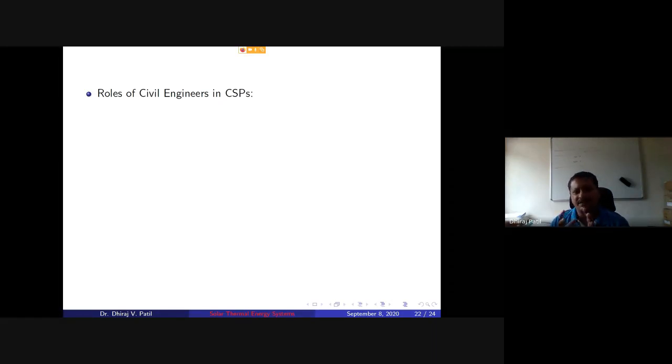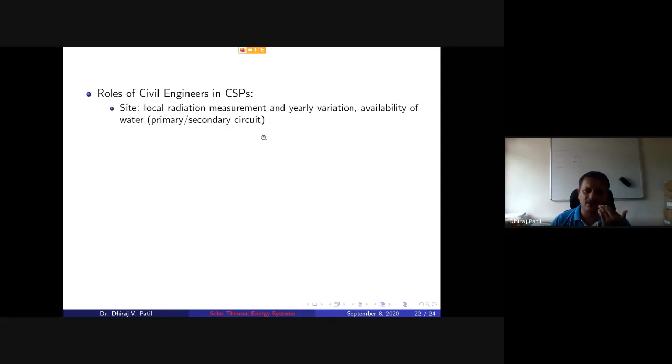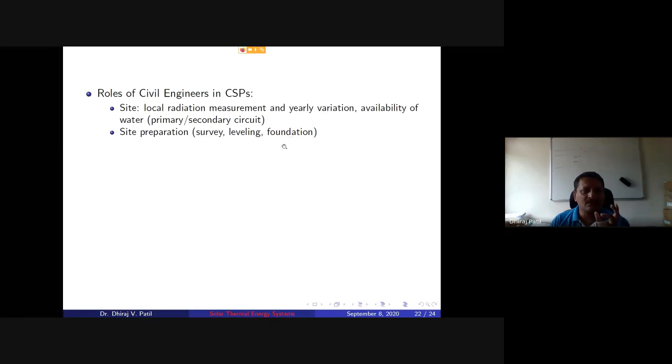So regarding the roles of civil engineers for, say, CSPs, you need to understand the site location and the radiation that is measured and available, and site preparation. Mechanical and civil engineers can work together and find out how to prepare the site: site survey, leveling, foundation.